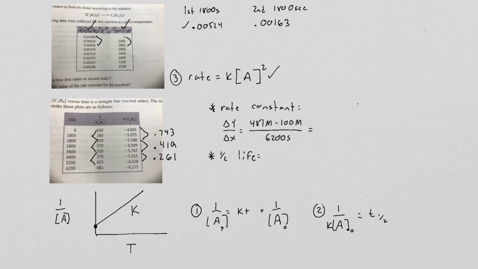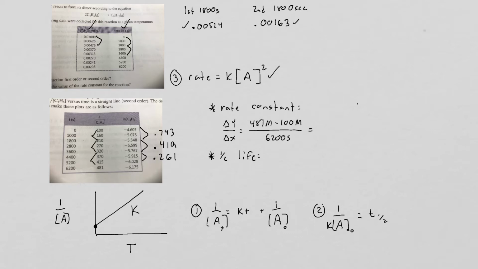In the second 1800 second interval, from 1800 to 3600, when I subtracted 0.00476 from 0.00313, absolute valuing it, I got 0.00163. These values do not match, which means the concentration versus time graph would not give me a straight line. It's not zeroth order. I can then look at the next data table and figure out whether it's first order.